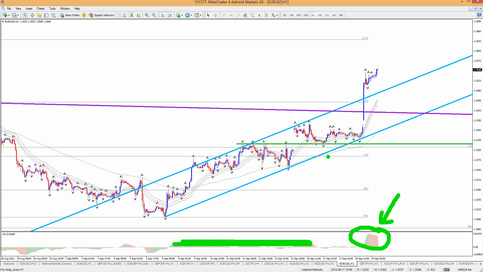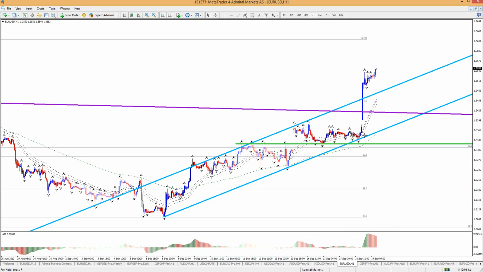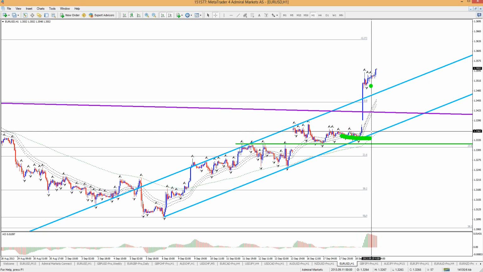But also logically, just looking at price action, it moved a lot in a very short time. We don't even need an oscillator to understand that it moved up 250 pips in 3 hours, that's like 4 hours. So that's like 60 pips an hour. That's a lot of movement.